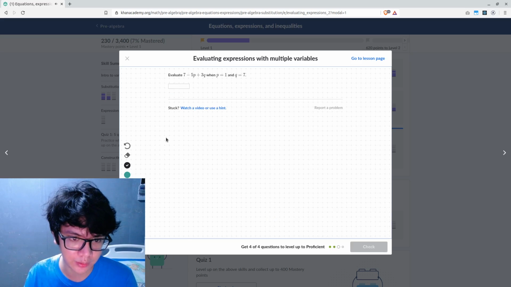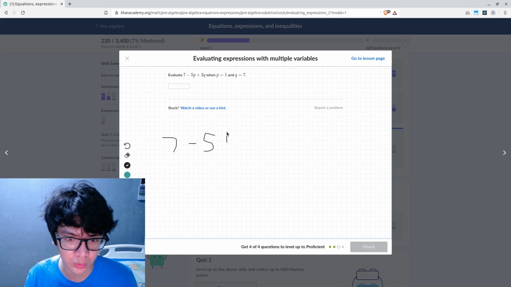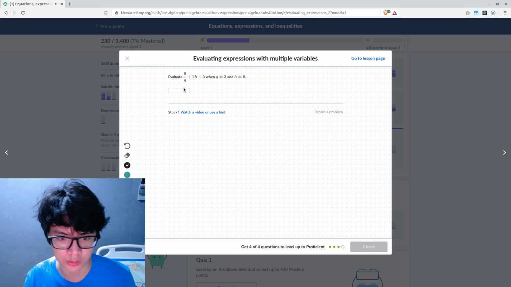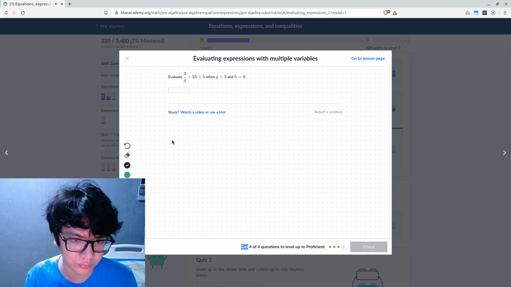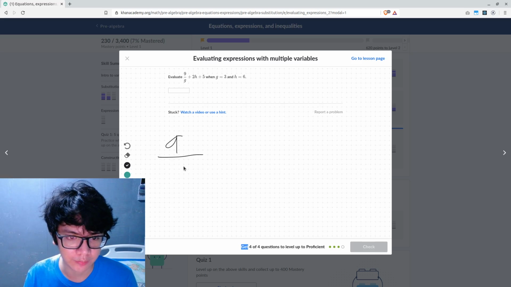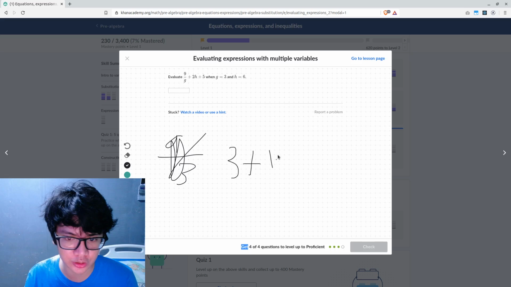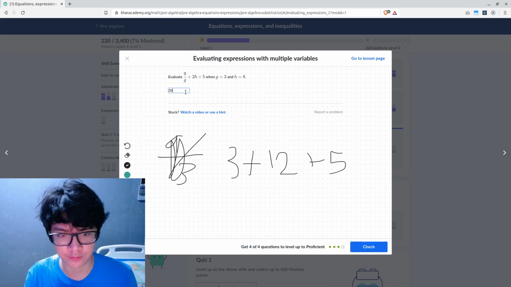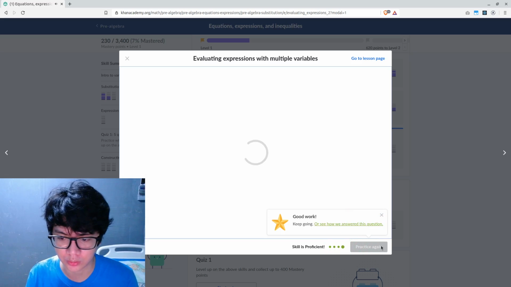We have 7 minus 5p is 5 plus 3q plus 21 with the 3's. 9 divided by 3, so we get 3 plus 2h is 12 plus 24.